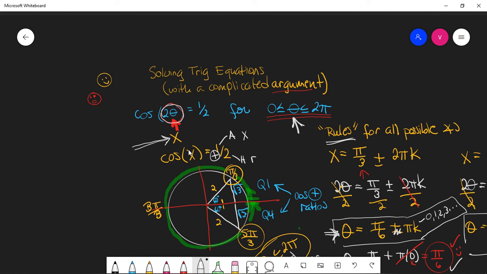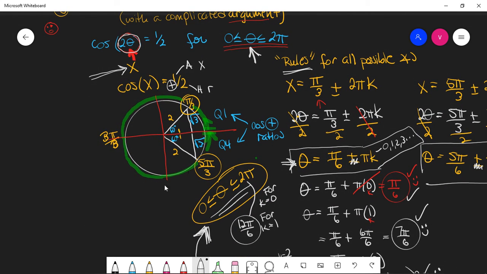Then you solve your equation for x. The cosine of x equals 1/2. Positive ratios of cosine are in quadrants 1 and 4. And we figured out that pi over 3, which is 60 degrees, in those two quadrants would solve that.